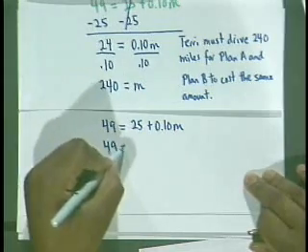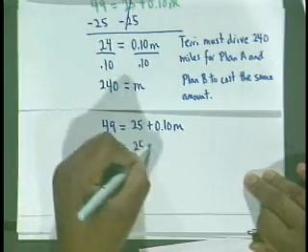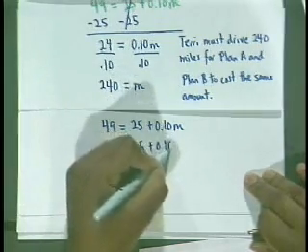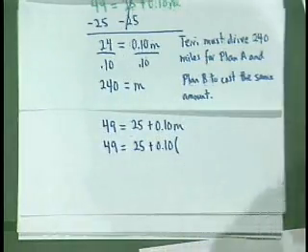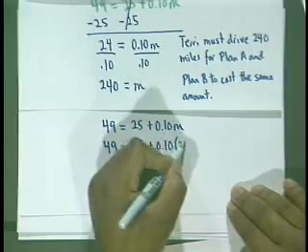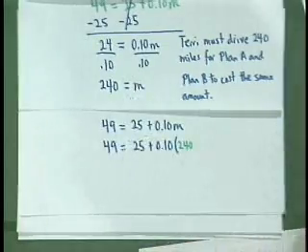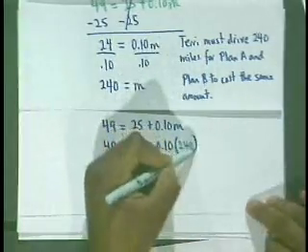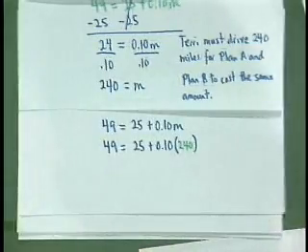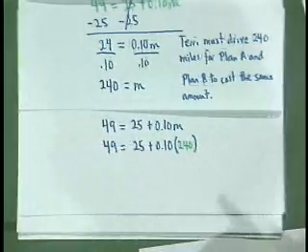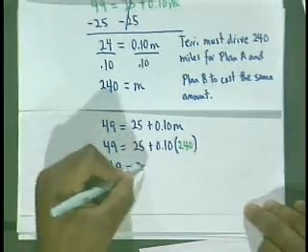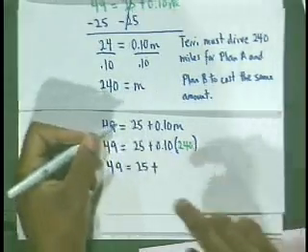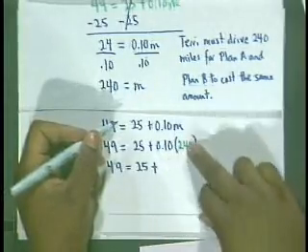So 49 equals 25 plus 10/100ths times, we're substituting 240. Okay, close parentheses. So we have 49 equals 25 plus 10/100ths times 240.